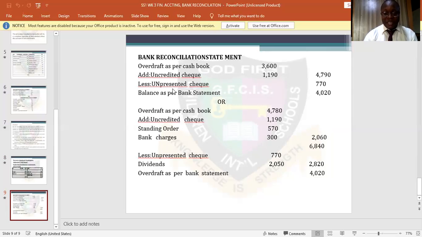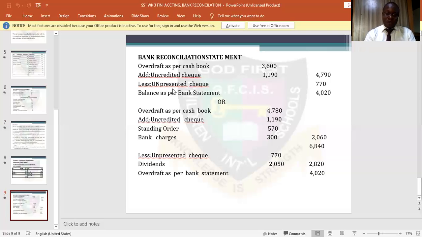Then we are given less unpresented check. The unpresented check is one the customer has yet to present to the bank, 770 naira. So subtract 770 naira from 4,790 naira, and you are going to arrive at 4,020 naira.